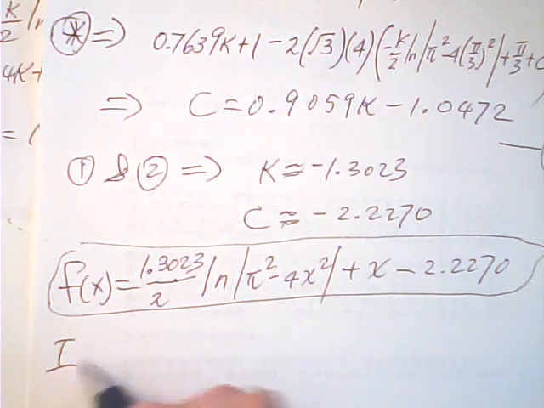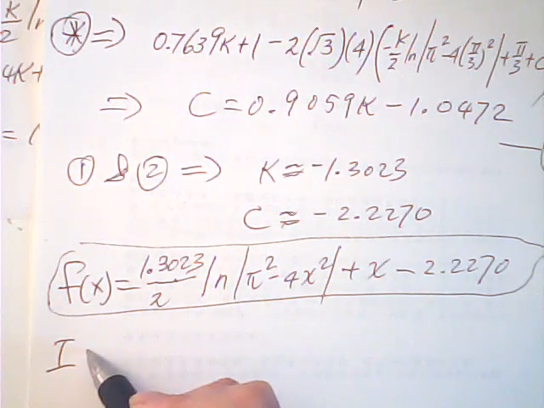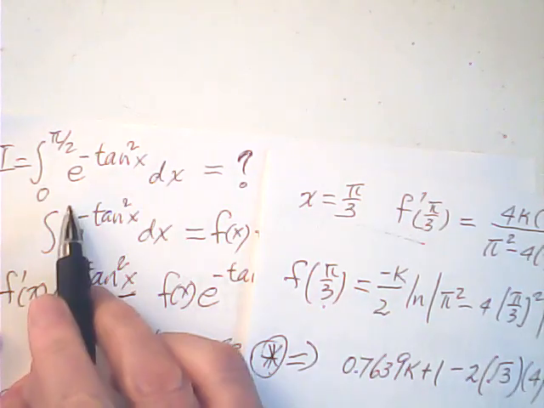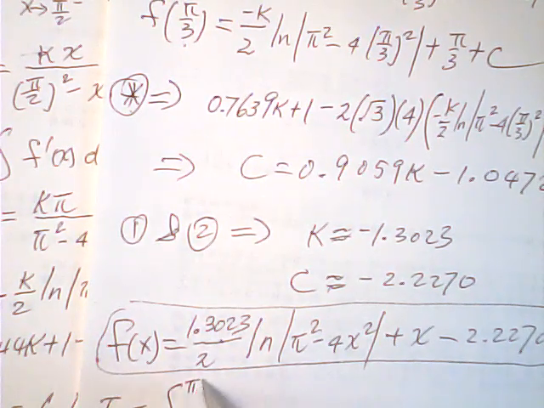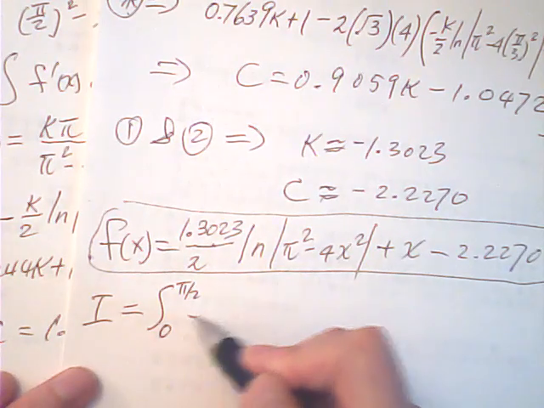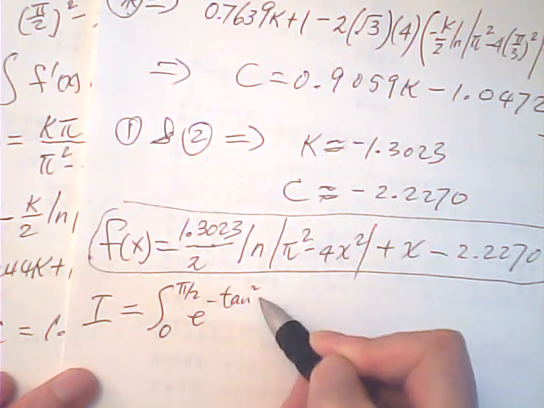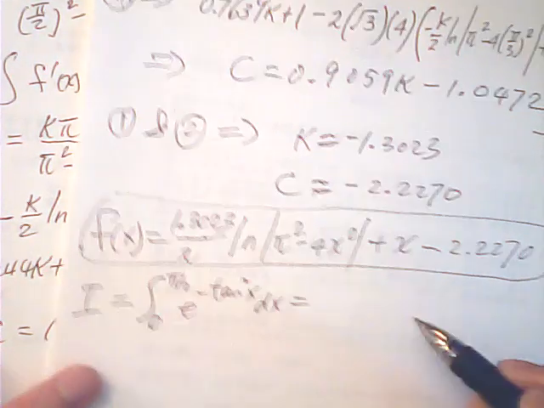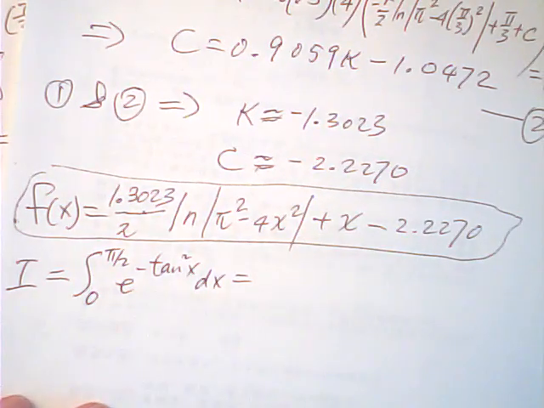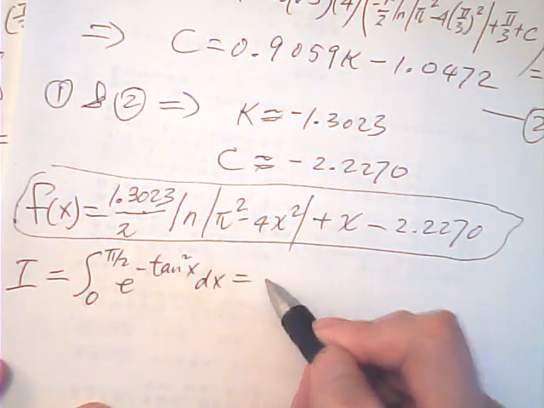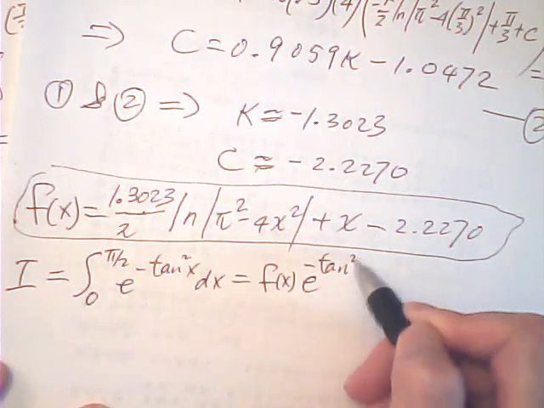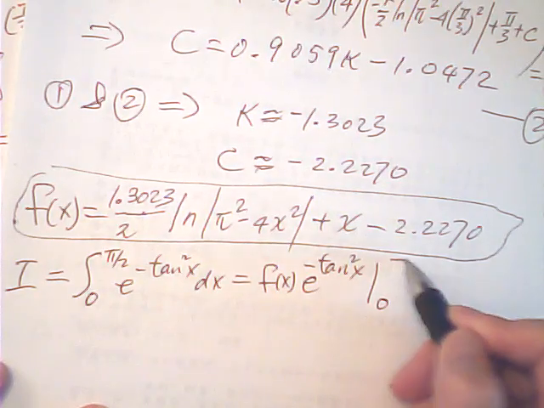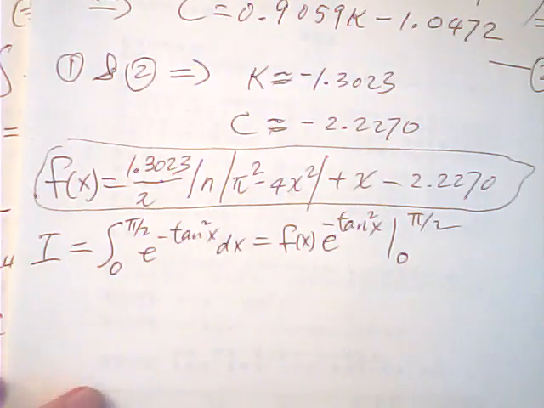Then my objective integral, my target integral, the integral of e to the negative tangent square x, is equal to the antiderivative, which is f of x times e to the negative tangent x square, from 0 to half pi.